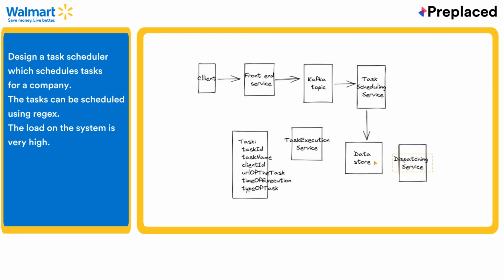We can use a data store for persistence functionality, which can be any RDBMS, and at the same time we can store it into Redis, on which the task execution service will be acting.